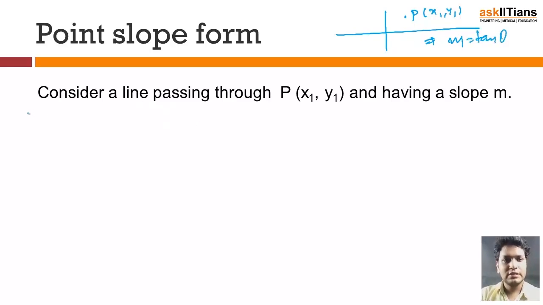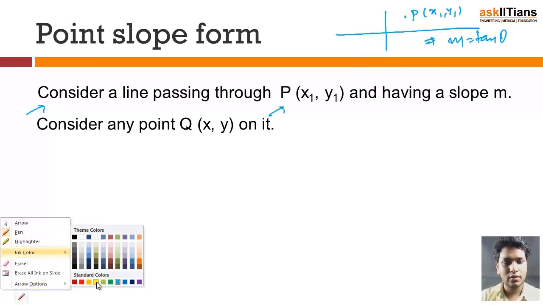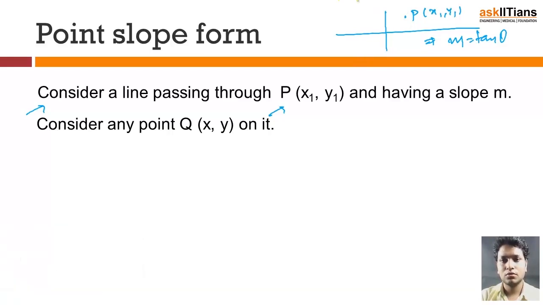So first of all, you have to consider a line passing through point P (x1, y1) and having a slope of m. Next, we will try to find out the general point on that line. Suppose the line that we have is this, shown by the yellow color, and this point P is on this line, and the theta is this.